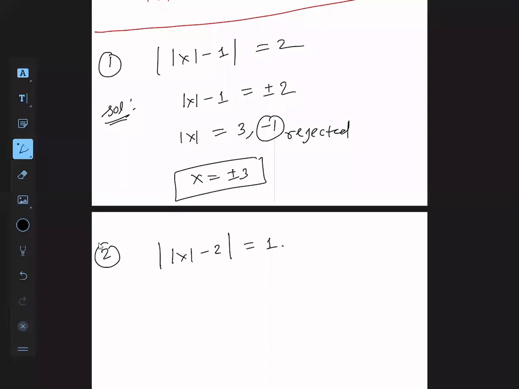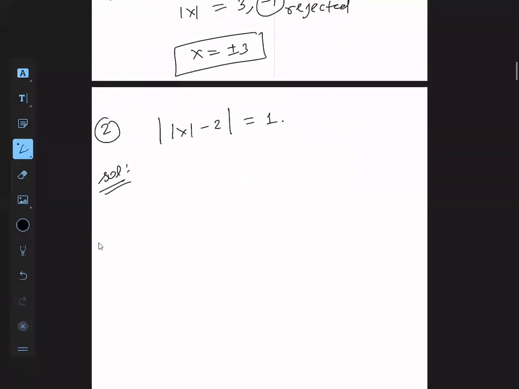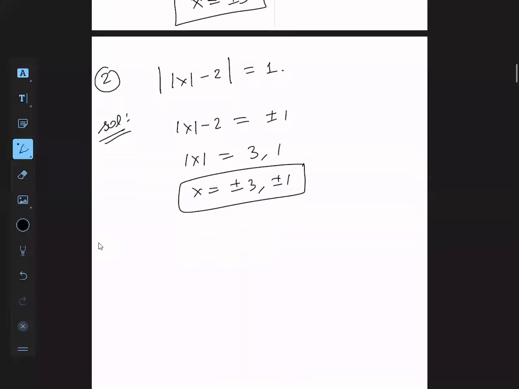Now solve question number 2. Similar problem. If you remove the outer modulus, then this is equal to plus minus 1. That is, mod x is 3 or 1. So x is equal to plus minus 3 or plus minus 1. Mod x cannot be negative.